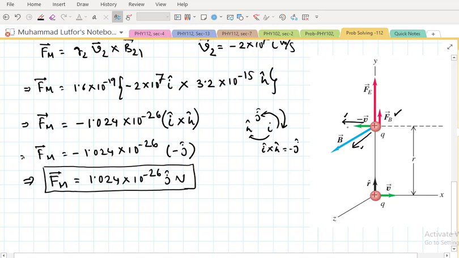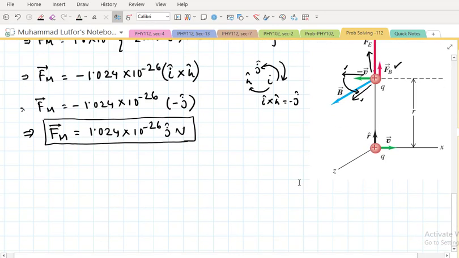Then if you rotate the index finger from the first vector to the second vector, you will find your thumb would be towards the upward direction, the positive y direction. So that's why your magnetic force would also be towards the y direction. Fine.